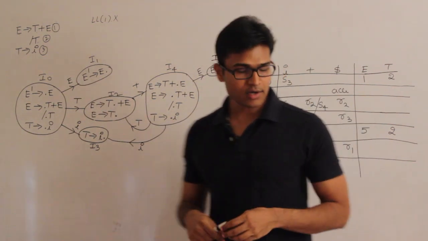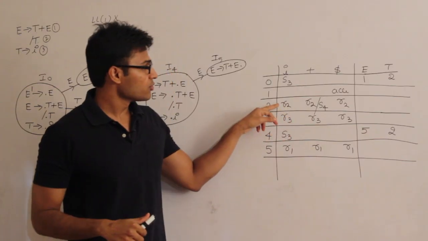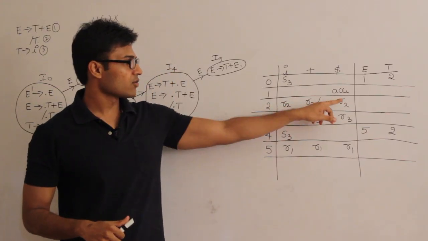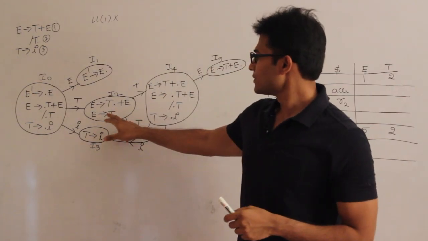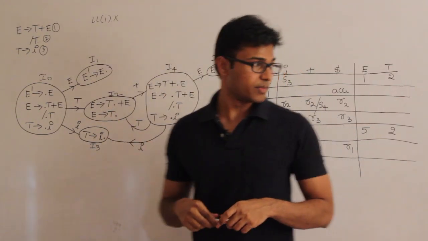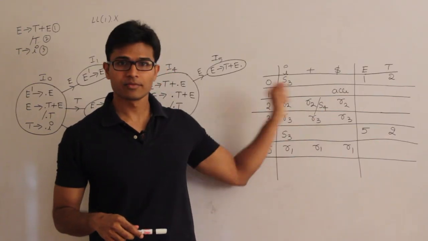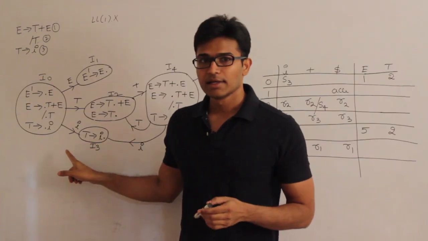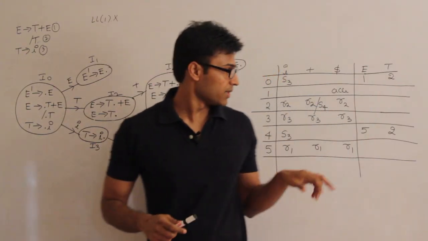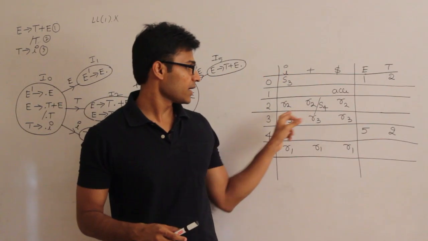So according to the LR0 parsing table, I have to place the reduce moves in the entire row. That is why, in state 2, since there is a final item, I am going to place the reduce moves in the entire row. And in I3, since there is a final item, I am going to place the reduce move in the entire row.